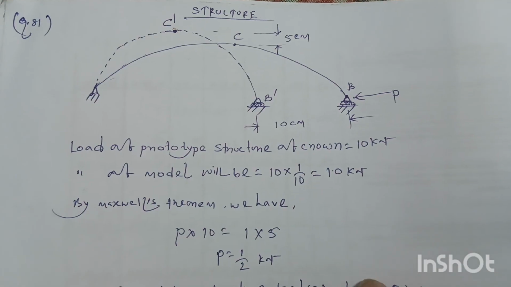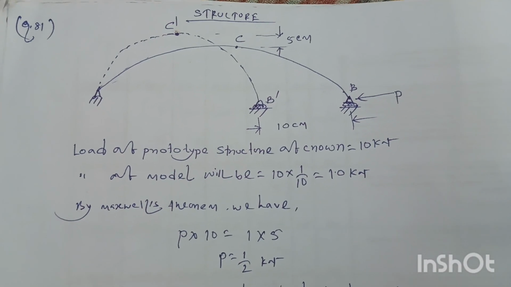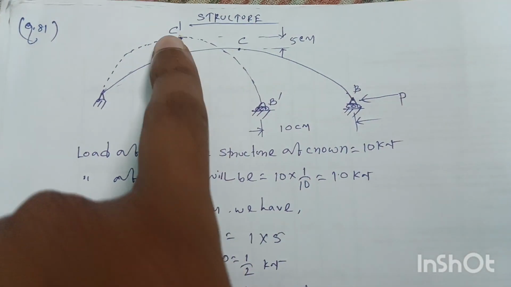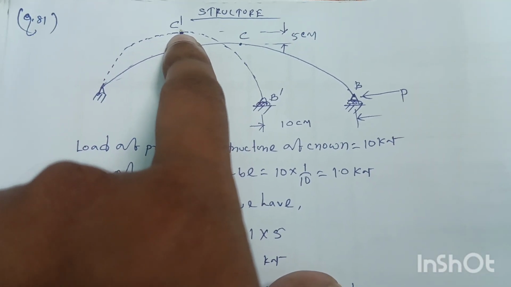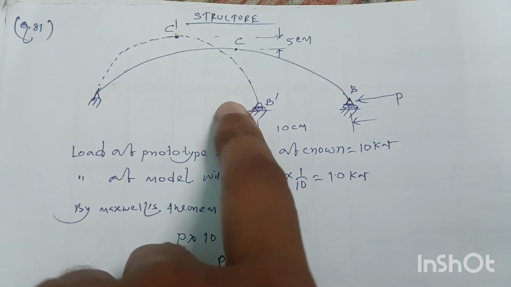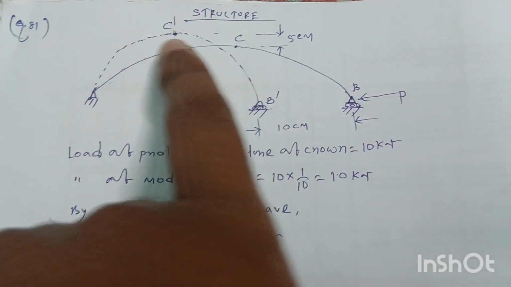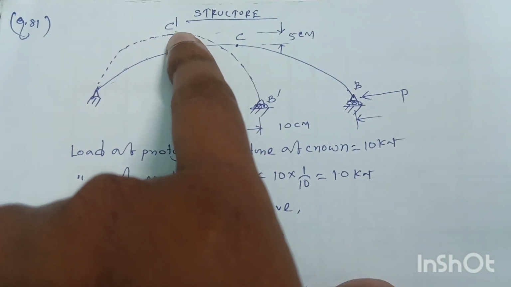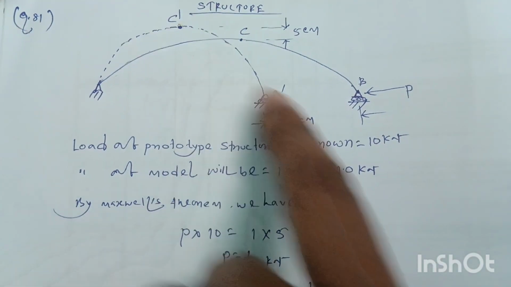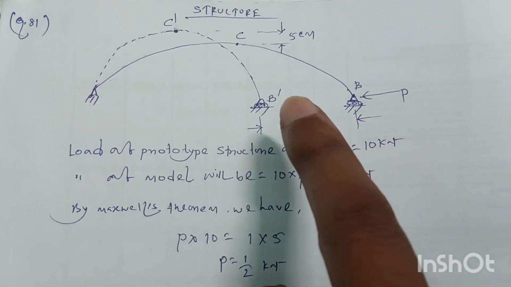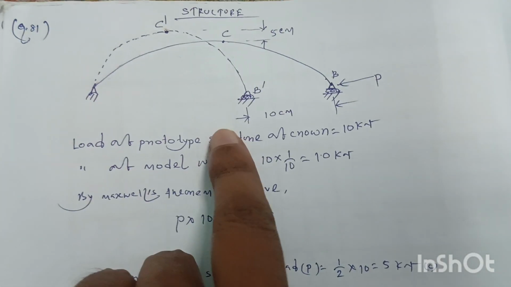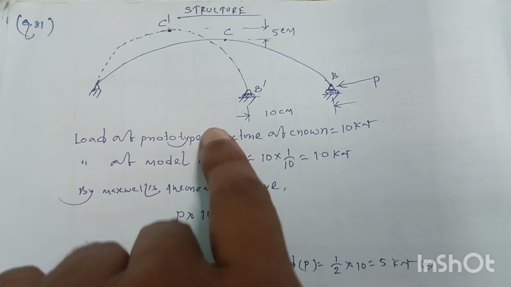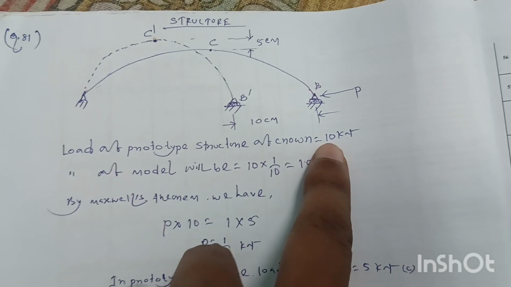Now the question is asked here, if at the crown of the two hinge arch in the prototype structure, not at this model, in the prototype structure, if 10 kN load is applied at the crown, then what will be the horizontal thrust produced at the prototype hinge structure? So load at the prototype structure at the crown is 10 kN.